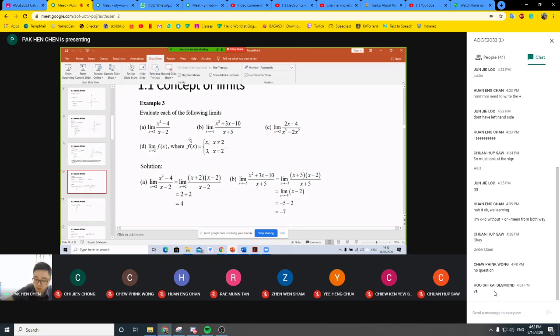Similar to question B: x squared plus 3x minus 10 over x plus 5, with x approaching negative 5. Once we have this x plus 5, we can cancel the x plus 5. Then we get x minus 2, substitute negative 5 into it, then we get negative 7.